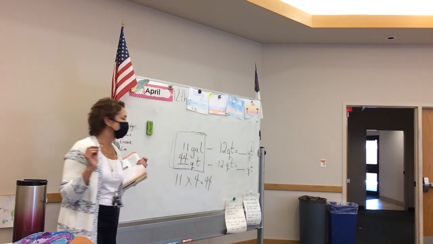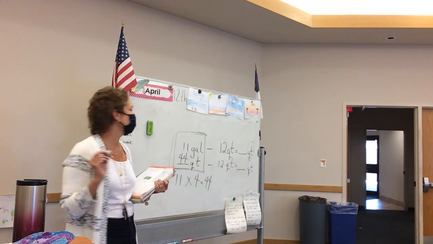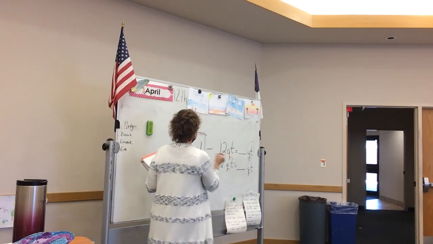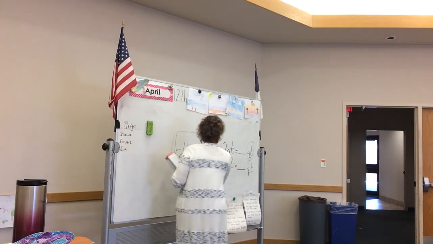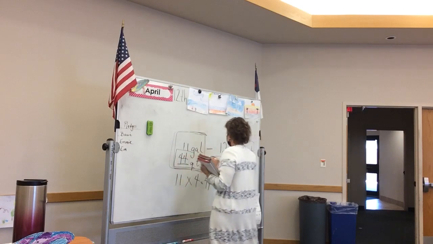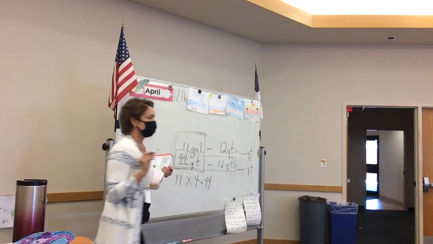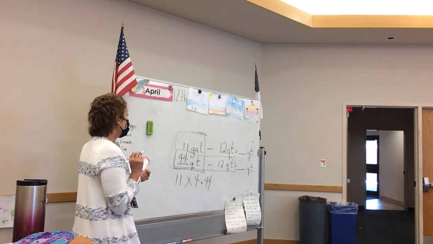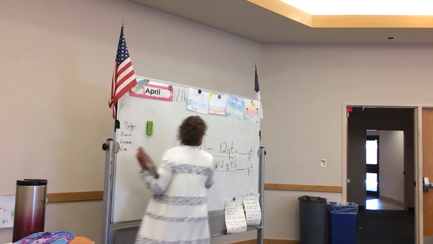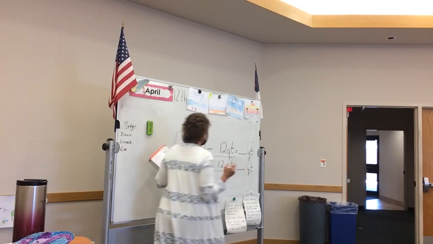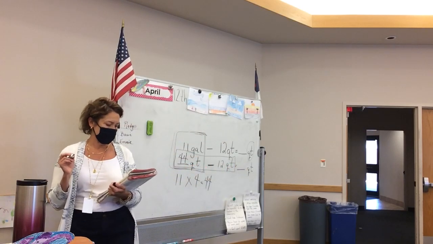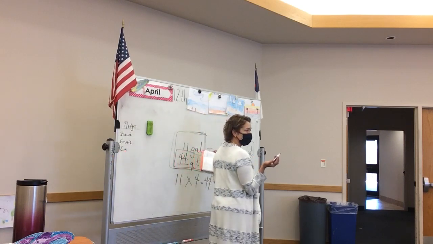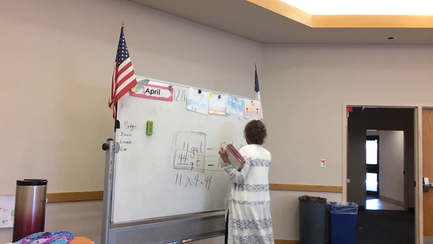What are we going to look at? Wensheen. 44 minus 12, which is what, Wensheen? 32. Very good. Where am I going to put 32? At the blank, of course.